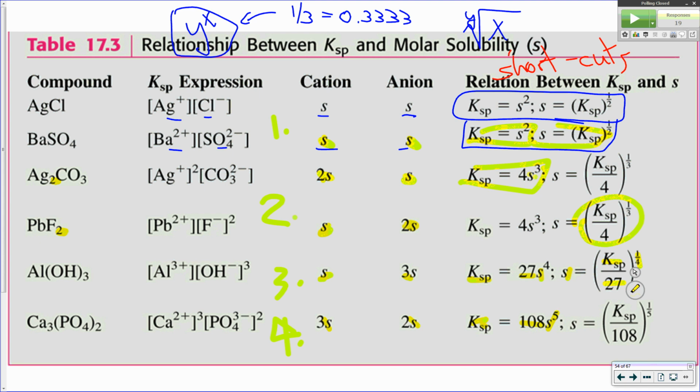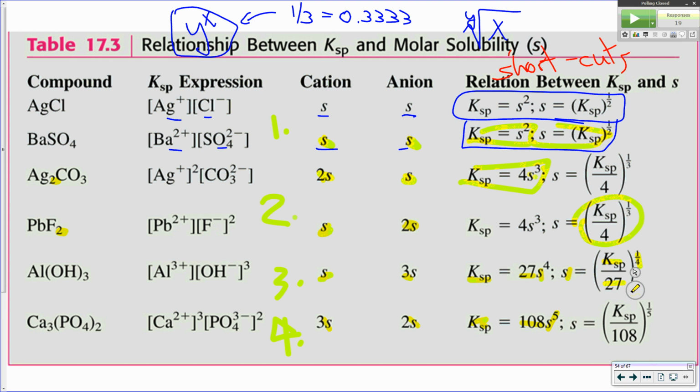The thing I'll tell you is that if you continue in chemistry, not everything is going to fit these. This will fit 80% of what you run into. But then you're going to run into things that don't fit in these combinations, and then you have to be able to use that equation.